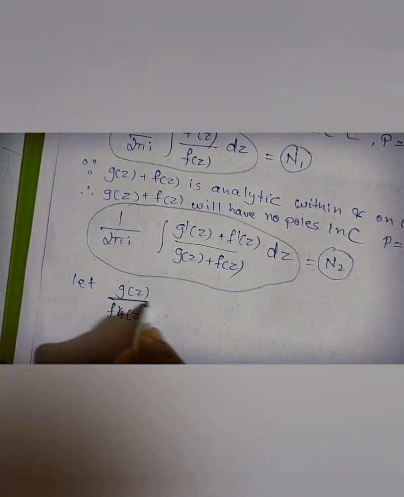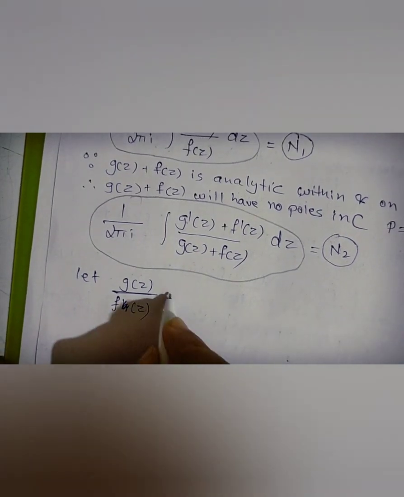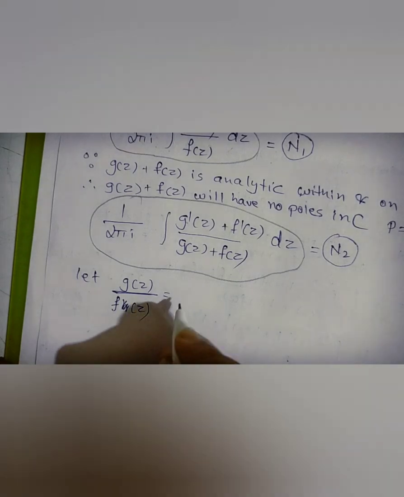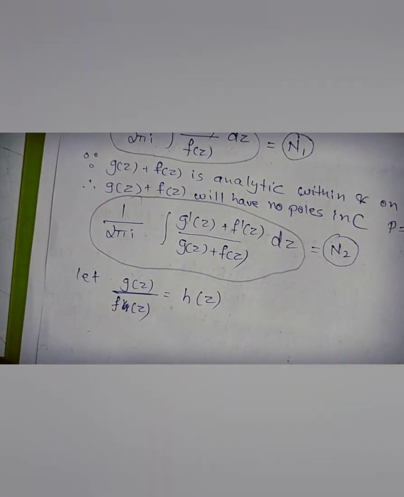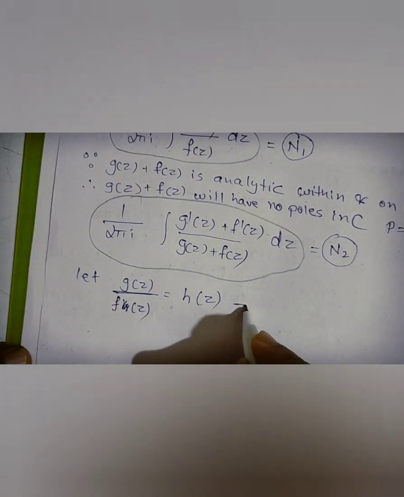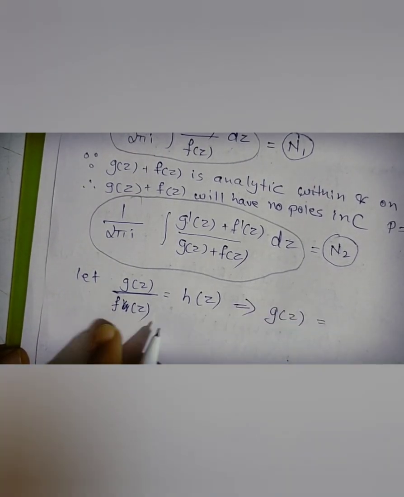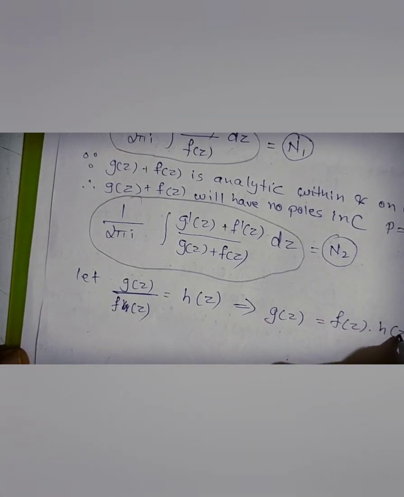These are the two functions I have right now with me. Let g of z upon f of z be equal to, since these are functions, their division will also be a function in z, so let me say it is equal to h of z. Fine. So what does this imply? This implies simply that g of z is equal to, when we multiply this over here, f of z into h of z.